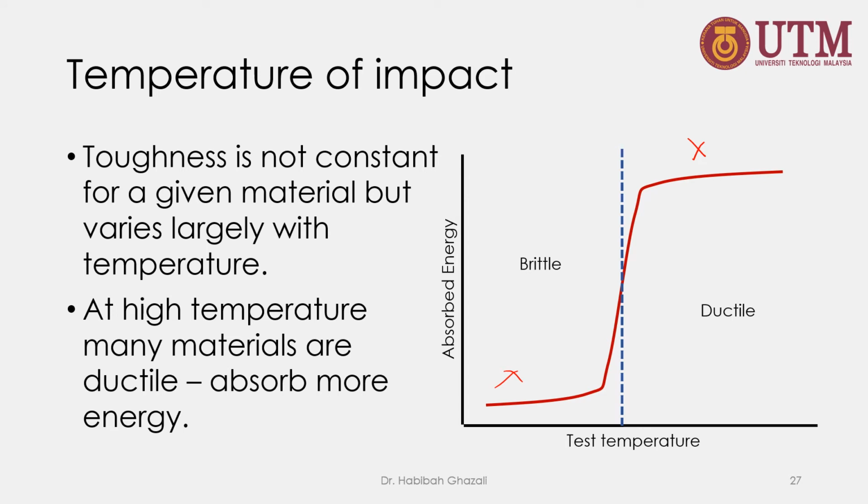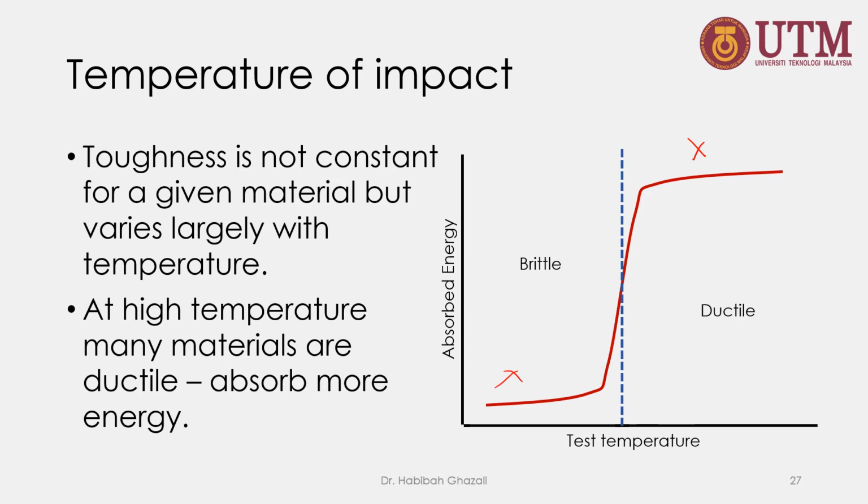If I run an impact test for a particular material at a lower temperature, that material behaves in a brittle manner. But as I keep increasing the temperature, testing the same material at different temperatures, the material becomes ductile.